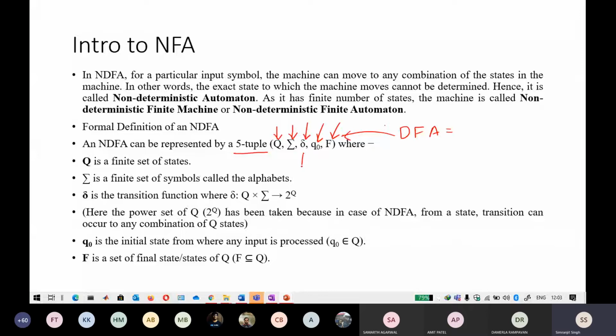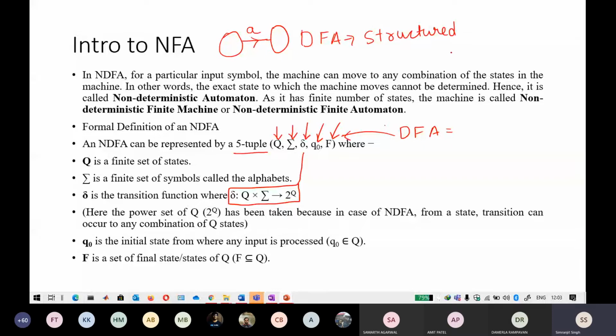So again, DFA is a much more structured approach, because I know that if I am standing at any state, then on receiving a particular input I go into a particular state. So this is much more structured than NFA.